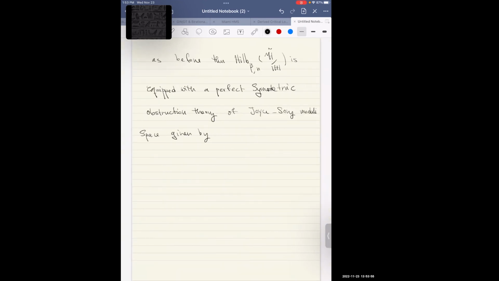So the Joyce-Song moduli space has this deformation theory.